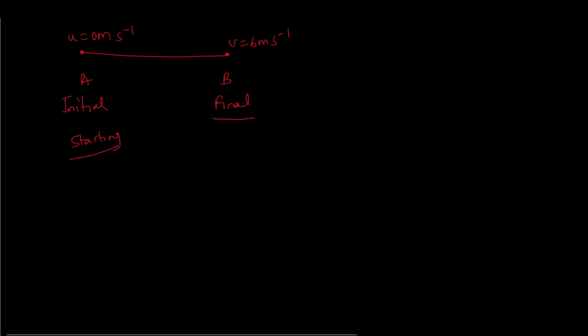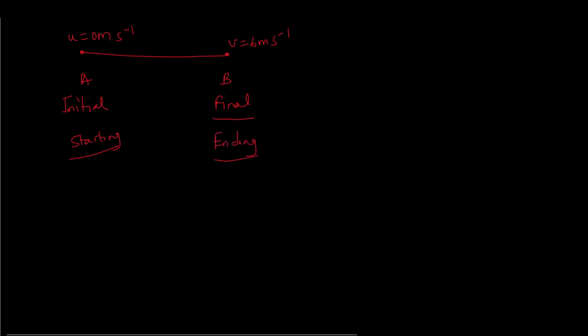Consider an object which has to move from position A to position B. Here this is our initial position and this is our final position. It is moving with initial velocity u 0 meter per second and final velocity 6 meter per second. The velocity with which it is starting is called our initial velocity, and the velocity with which it is ending is called our final velocity.